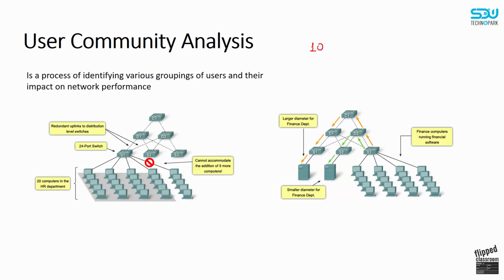For example, 100 people are working in this organization. You may think that, okay, if we have 100 people, or 100 hosts, then we have to buy, for example, 24-port switches. We have to buy 5 such switches, and it will be quite enough for us.